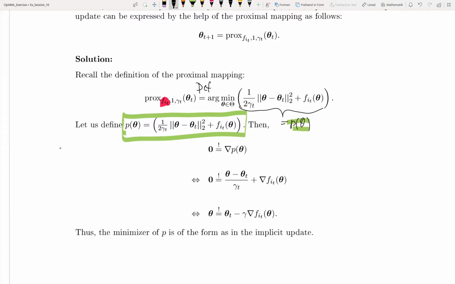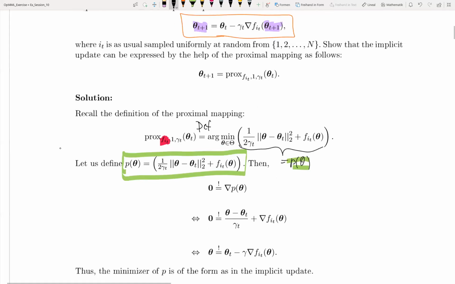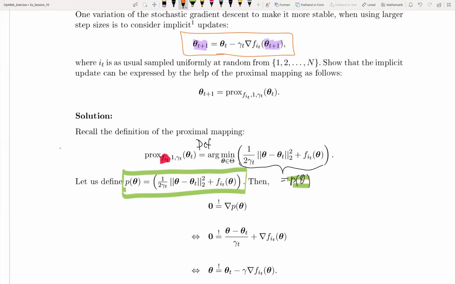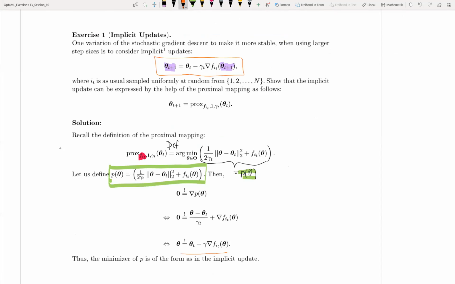We are left with this plus gradient of f_i at position theta_t. We have to solve it with respect to theta, and voila, what do we get? We get this implicit update formula. So the minimizer of this function p(theta) is exactly this right-hand side we see here.